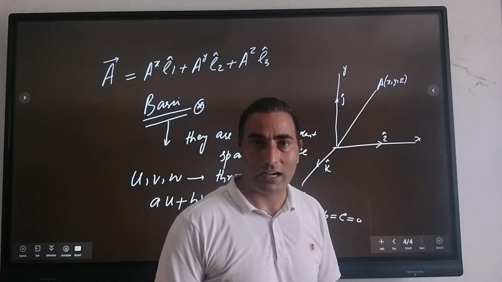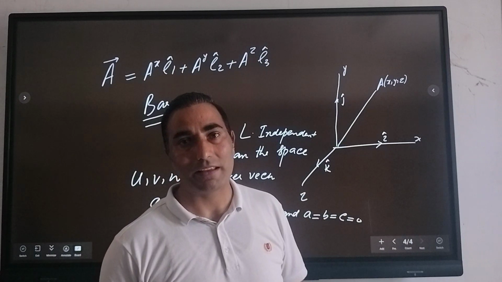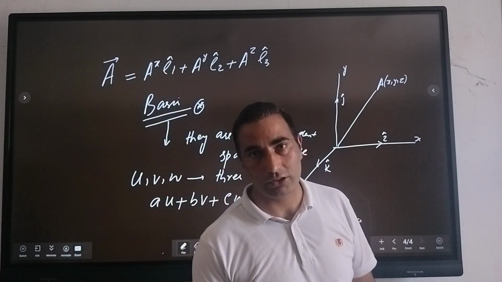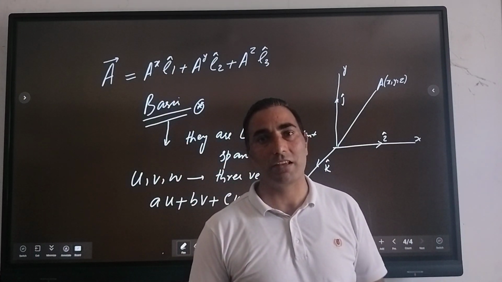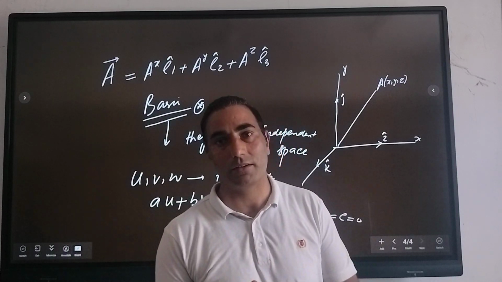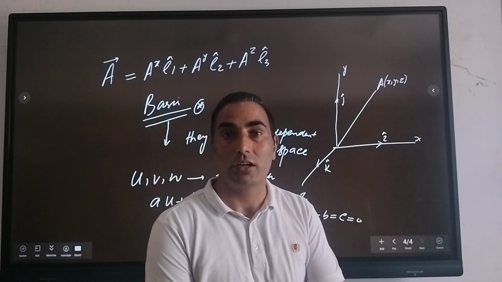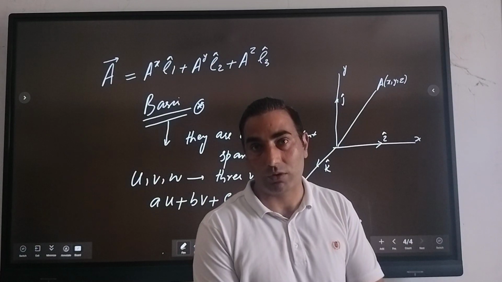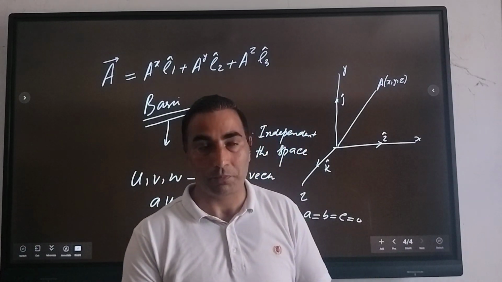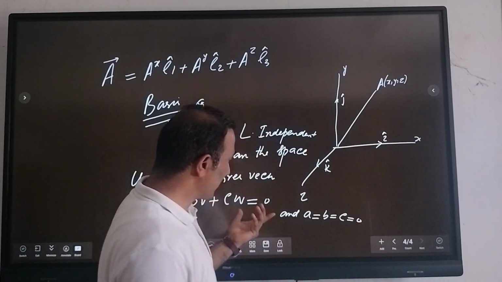So I can represent these unit vectors as basis vectors, right? Sometimes, because these unit vectors have magnitude equal to 1, their length is equal to 1.